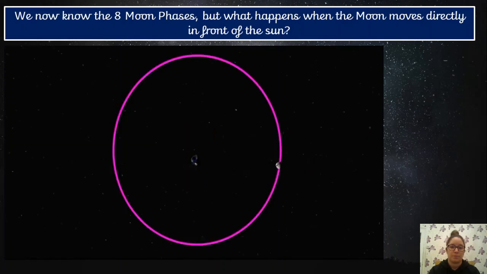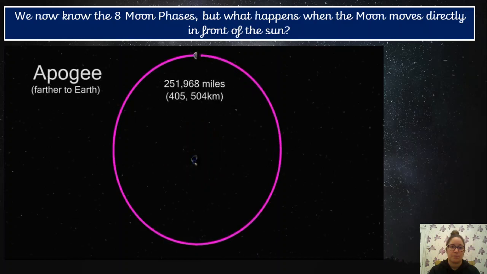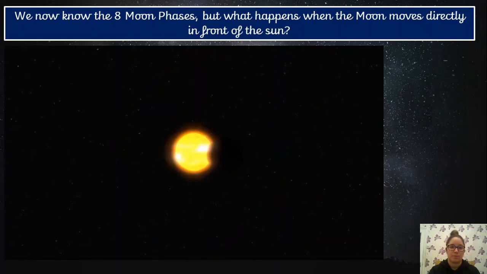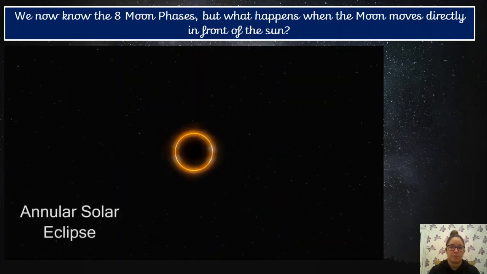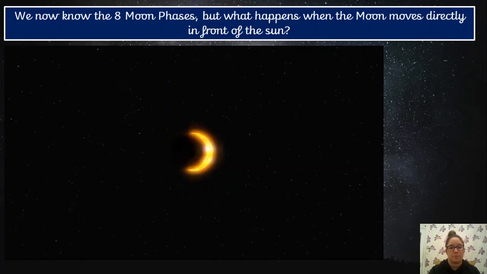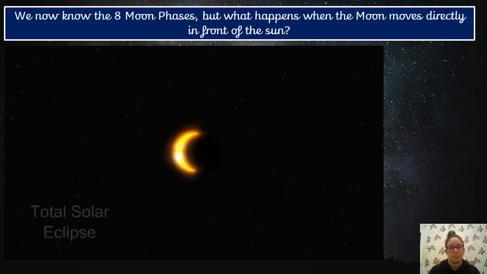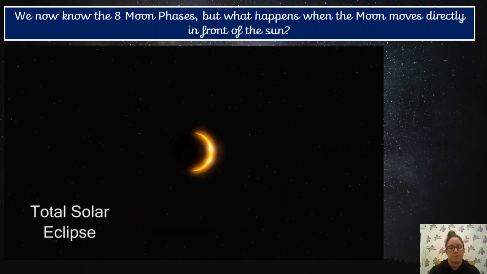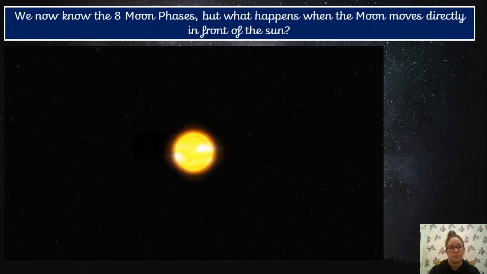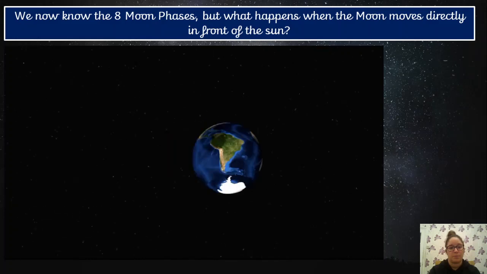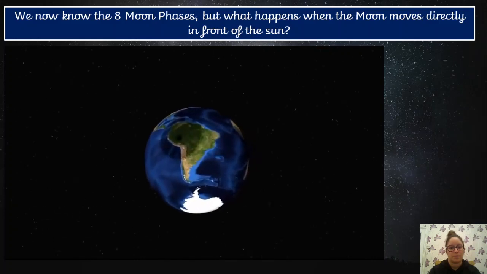If the moon is closer to apogee, then it will appear smaller and we'll get what's called an annular solar eclipse. If the moon is closer to perigee, then it will appear bigger and we'll get what's called a total solar eclipse. Even if you're lucky enough to be on the right spot on the Earth, the longest you'll be able to see a solar eclipse is about 7 minutes.